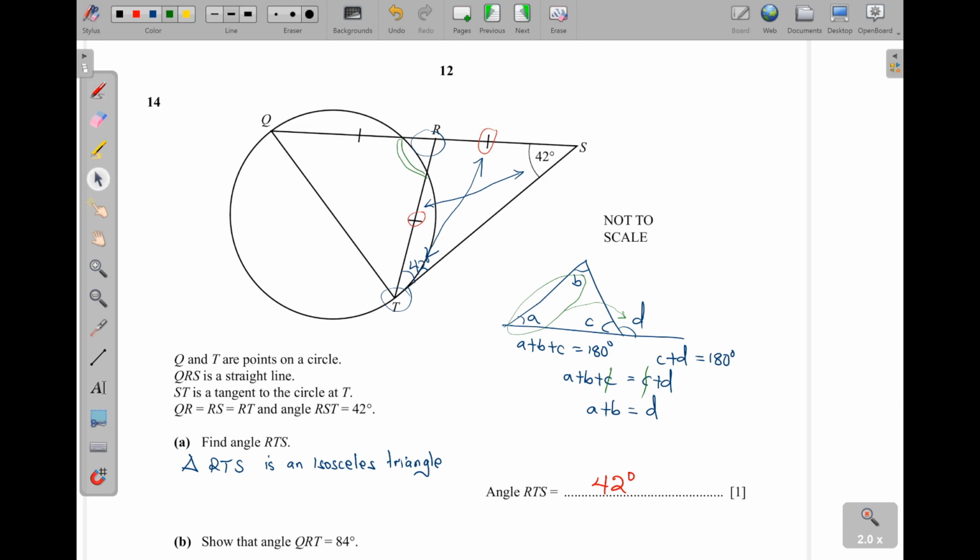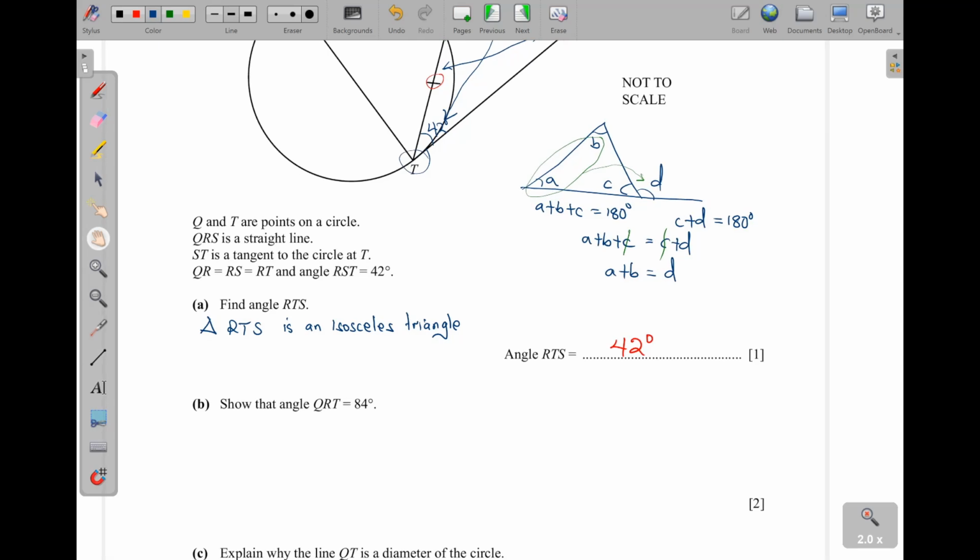So I'm going to say that my angle QRT is 42 plus 42, which is equal to 84.